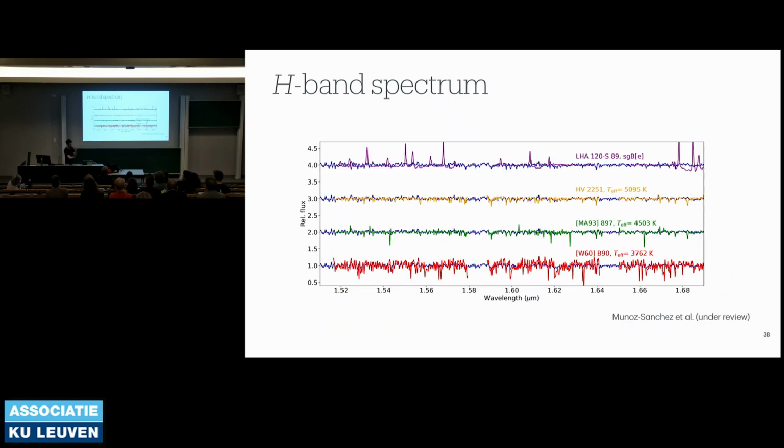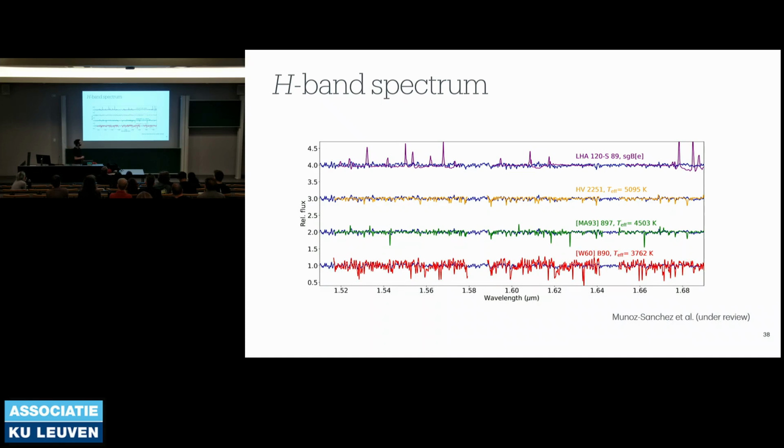However, if we go to the infrared part, this is an H-band spectrum. Now you can see the spectrum of the star with a background blue line, and overplotted in each case there are different spectra from known other massive stars, from a supergiant B[e] to yellow supergiants here and a red supergiant here.